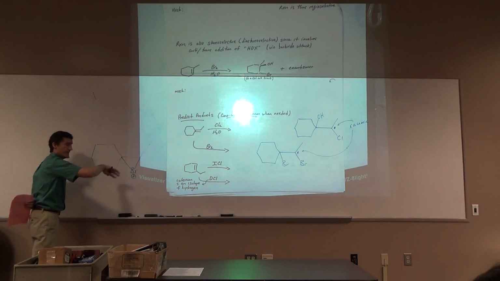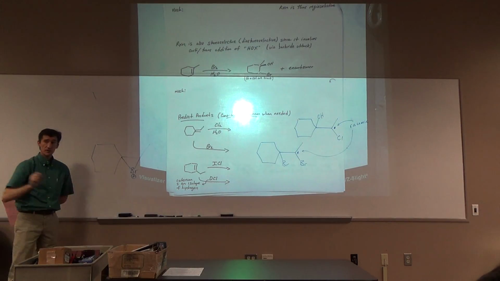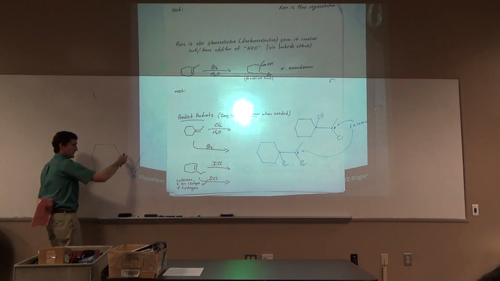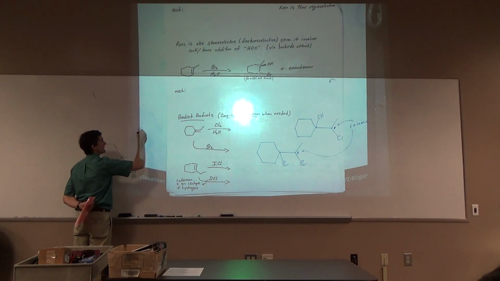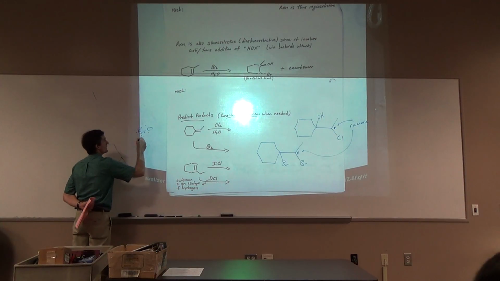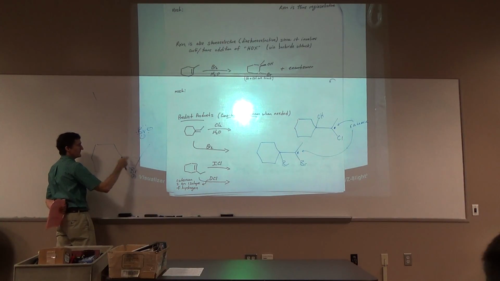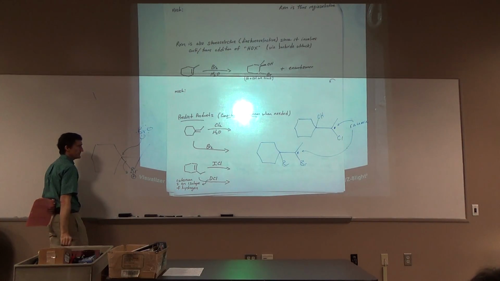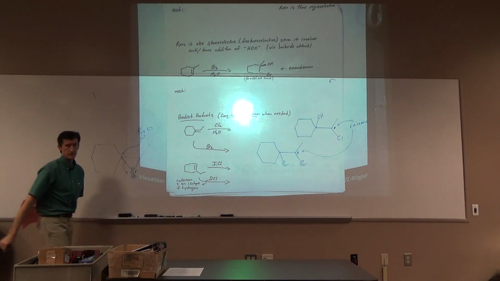You're not going to isolate the bromonium ion, although some have been. I gave you a reference to one. Something's going to open this up. The only thing you have is the other Br minus. There's no water here. This is the thing that opens it up. We're going to attack left or right. Attack over here, pick this off, and that gives that product.